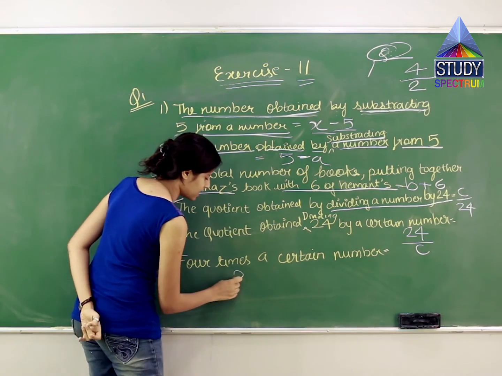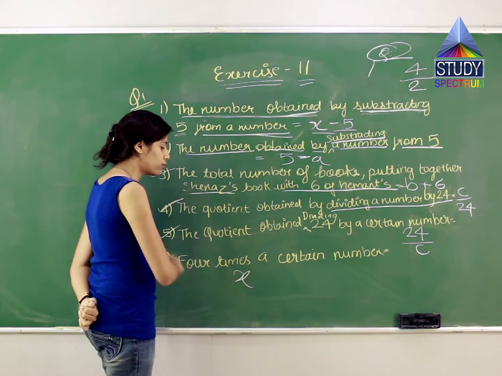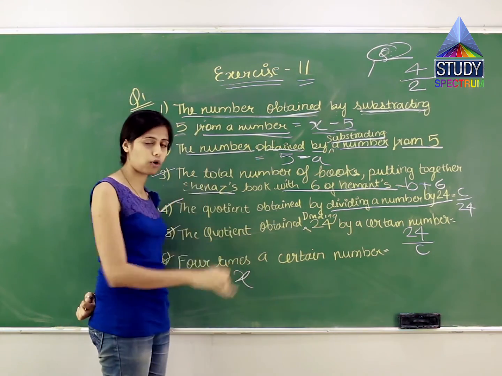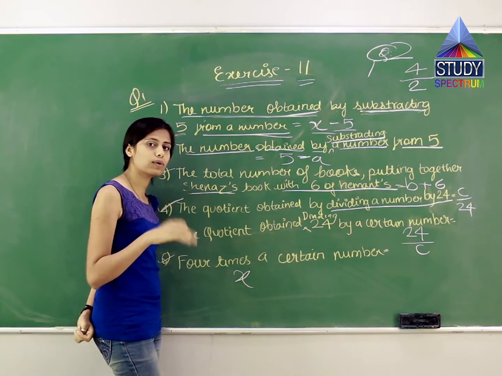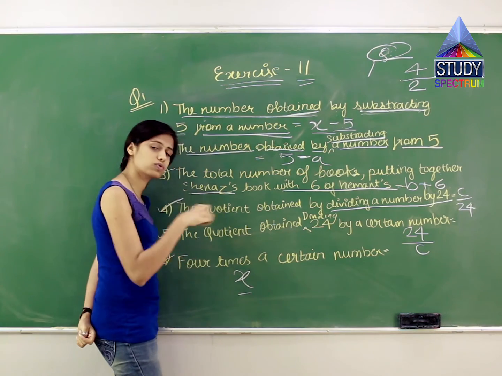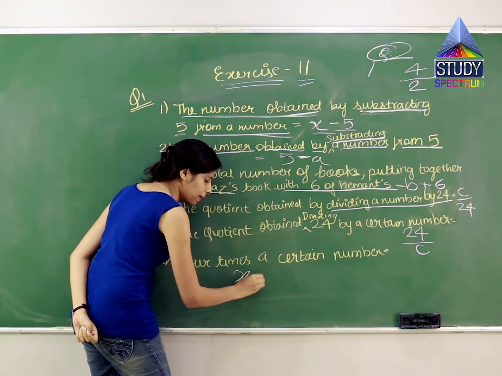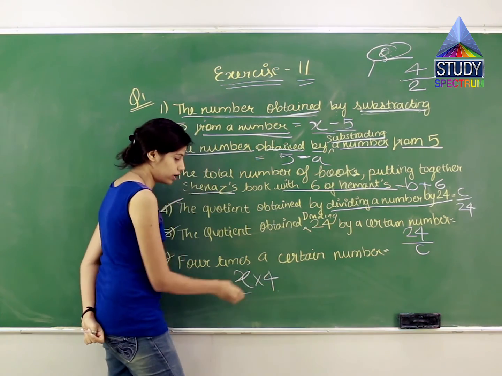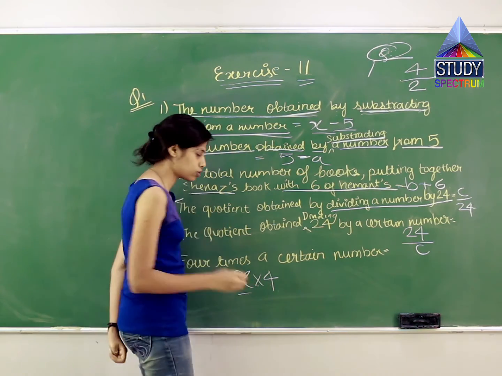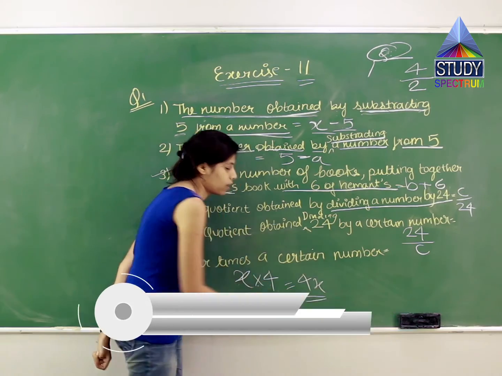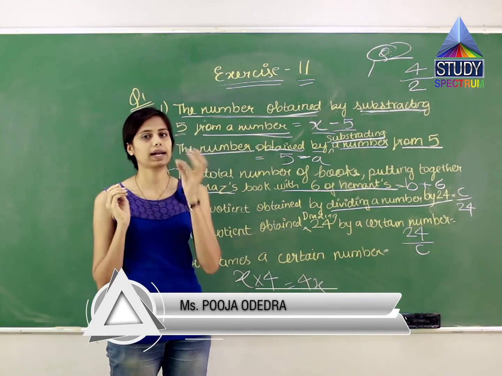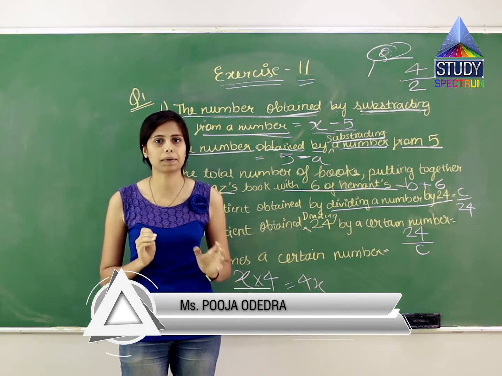So I'll write X. And they are telling you 4 times a number. मतलब ये एक number है, उसका 4 times. How will you express a number's 4 times? By multiplying it by 4. So it is X into 4. You can also write it as 4x, with a number before and an x following the number.